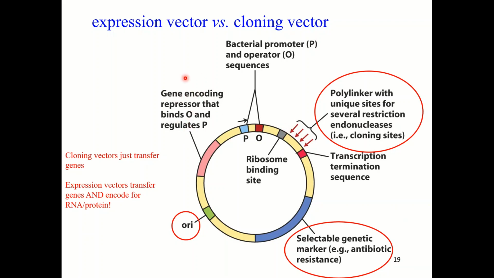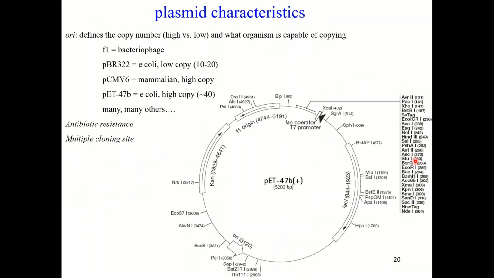Expression vectors also include a gene that encodes for a repressor that binds to an operon O and regulates P, which stands for promoter. So O stands for operon, P stands for promoter. And those sequences are in the DNA as well. We'll talk about that in a little bit more detail.